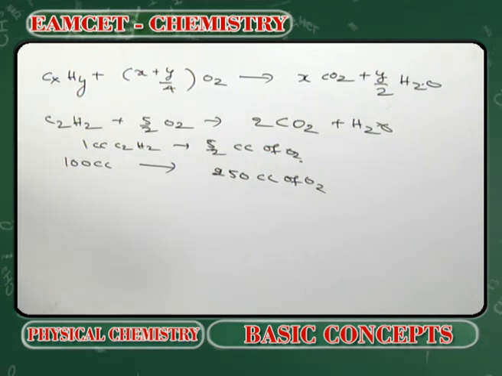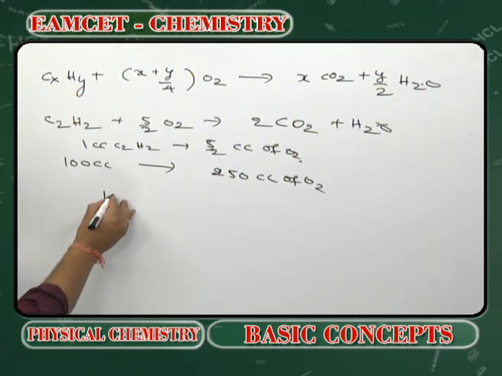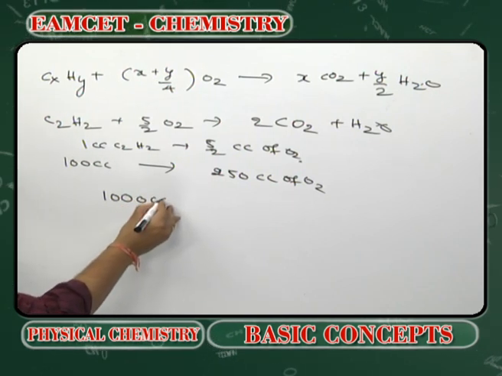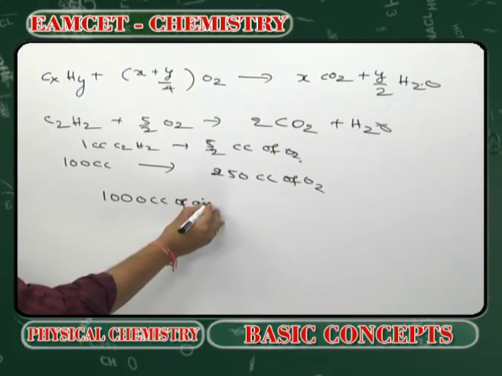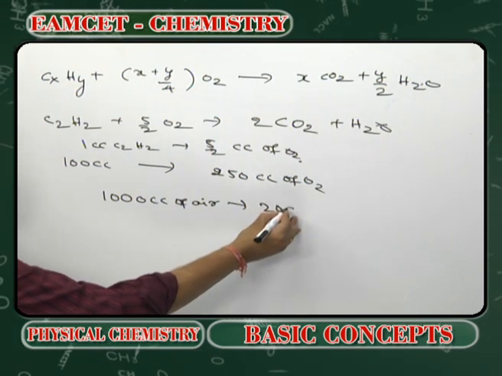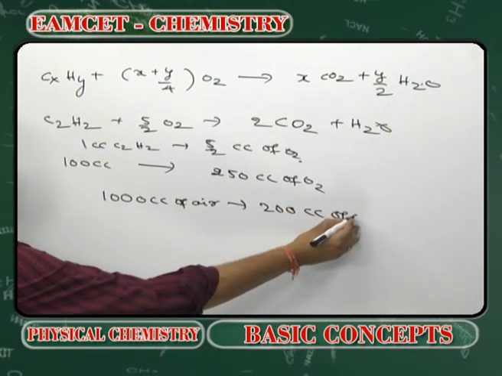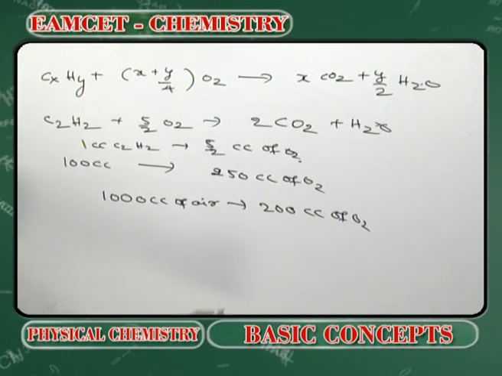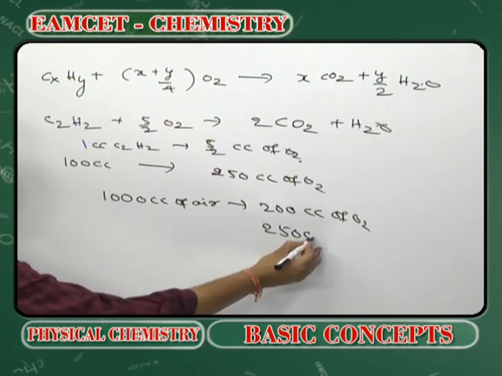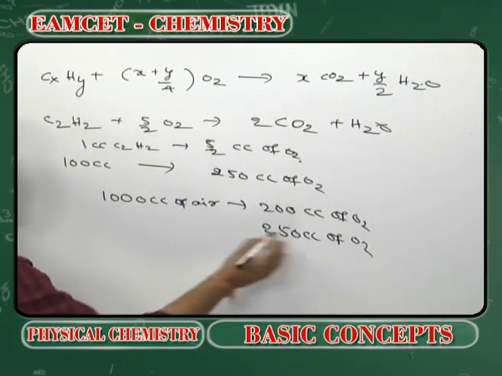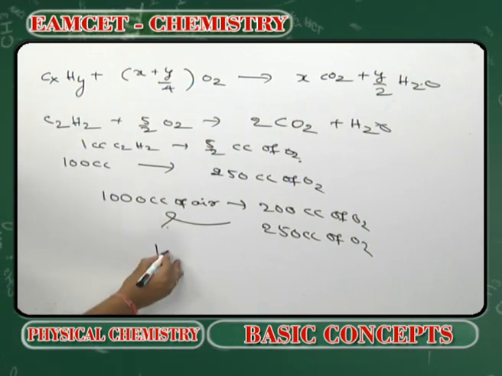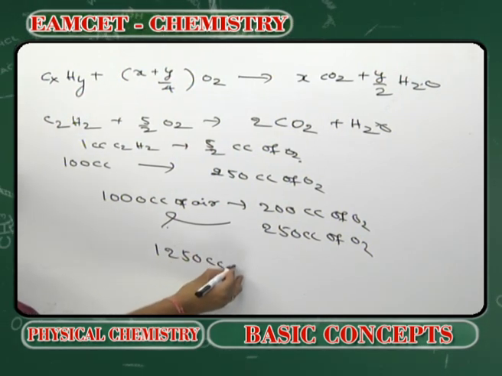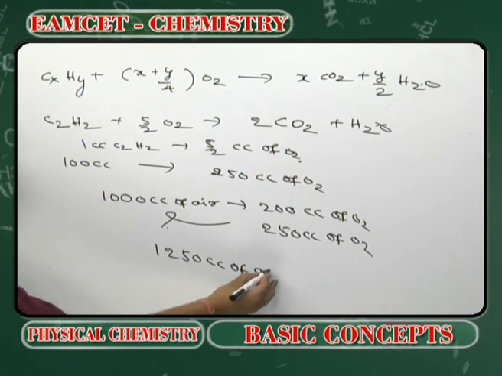What is the percentage of oxygen in the air? 1000 cc of air contains 200 cc of oxygen. For us, the required quantity of oxygen is 250 cc. 250 cc of oxygen is present in 1250 cc of air.